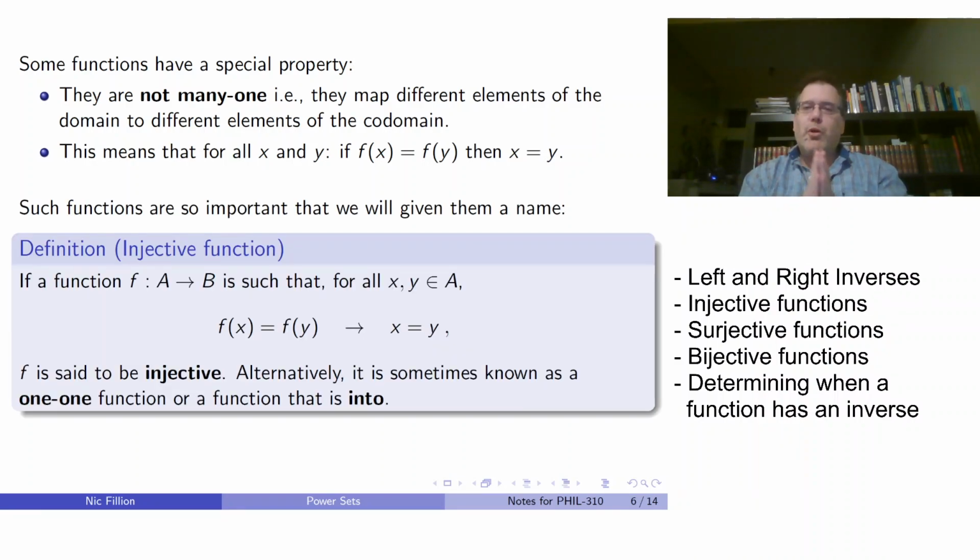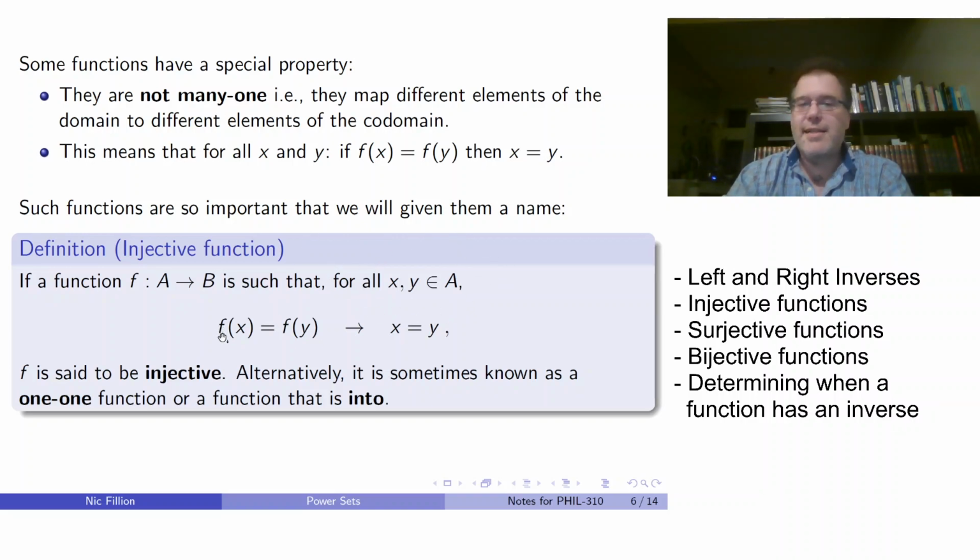This is such an important property for functions that we're going to give functions with that property a name. We're going to call them injective functions. So suppose f is a function from A to B. Now take any two elements of the domain.